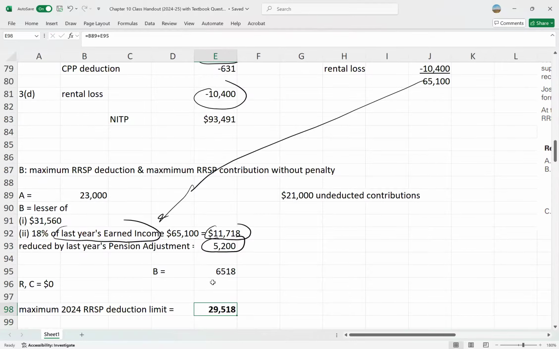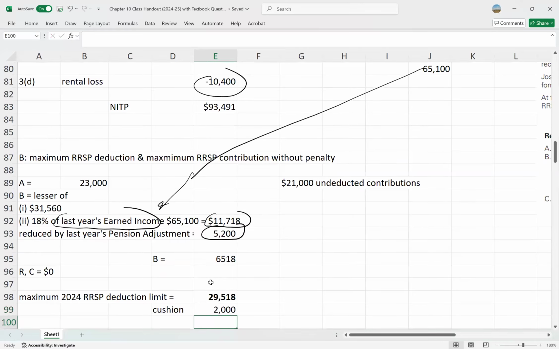Now, once again, if the question was asking, what is his maximum contribution without penalty, then we would add this $2,000 cushion of 2,000.